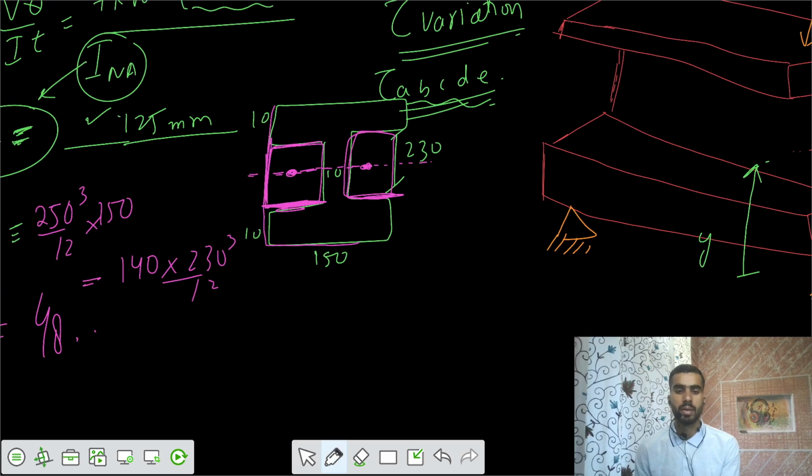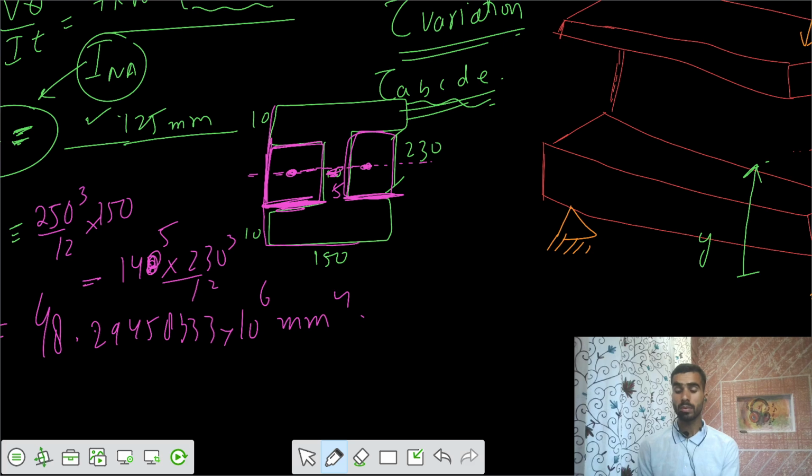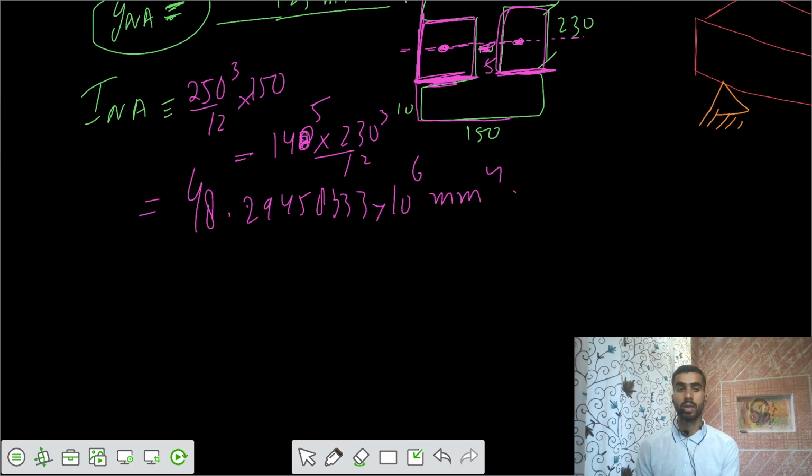So this is 150 minus 5, that's 145, into 230 cube by 12. So you got a value of 48.2945833 times 10 to the power 6 mm to the power 4. So we got this value INA.